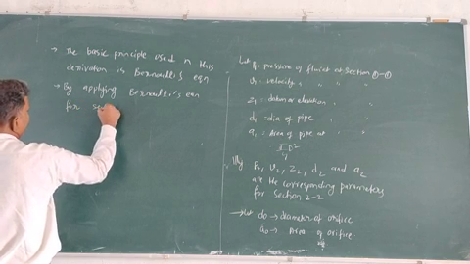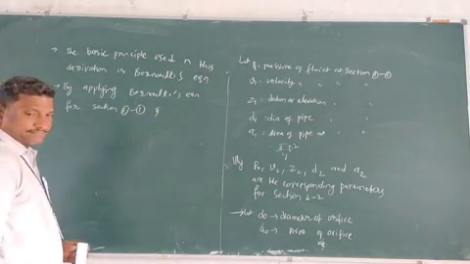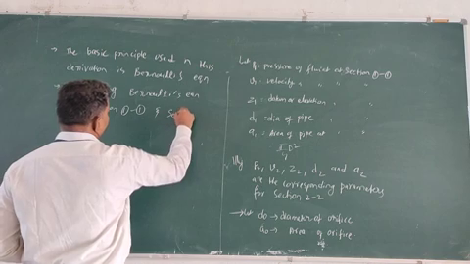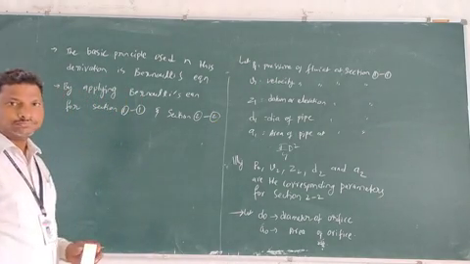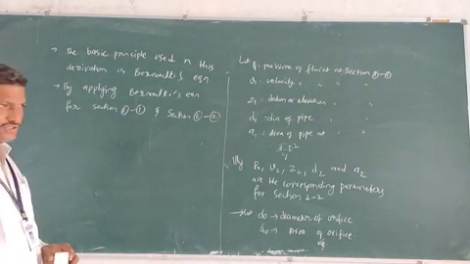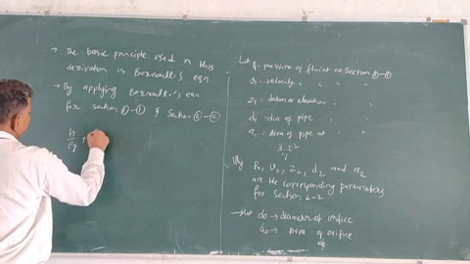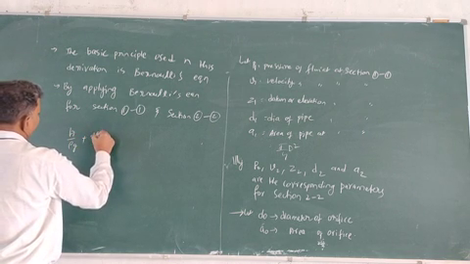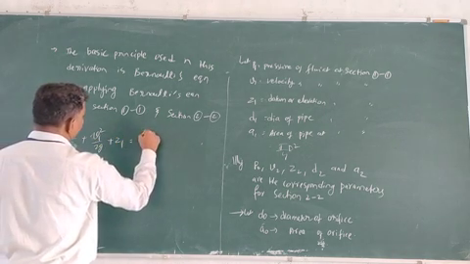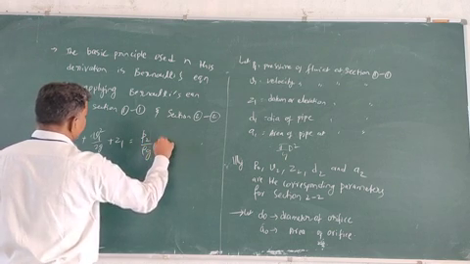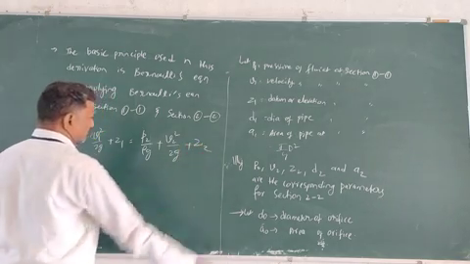for section 1 and section 2. P1 by rho g plus V1 square by 2g plus Z1 is equal to P2 by rho g plus V2 square by 2g plus Z2.